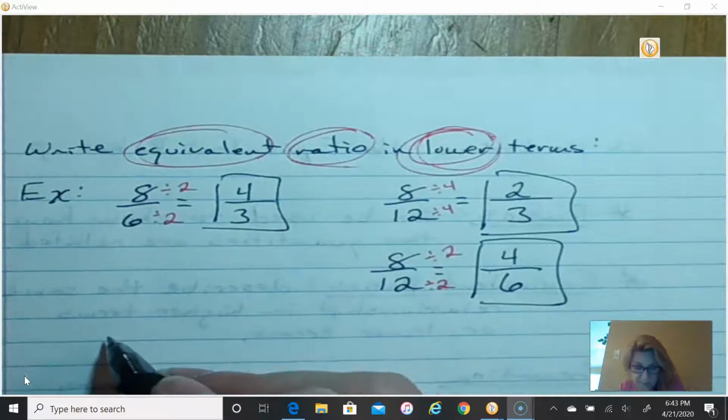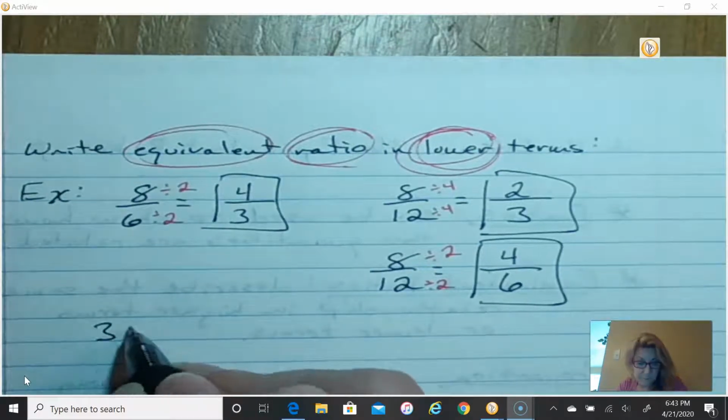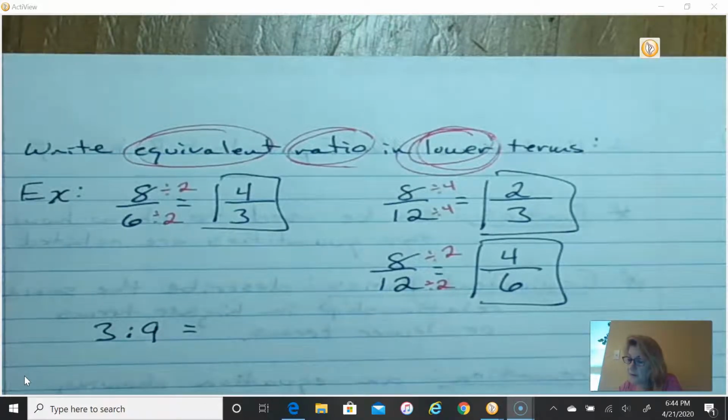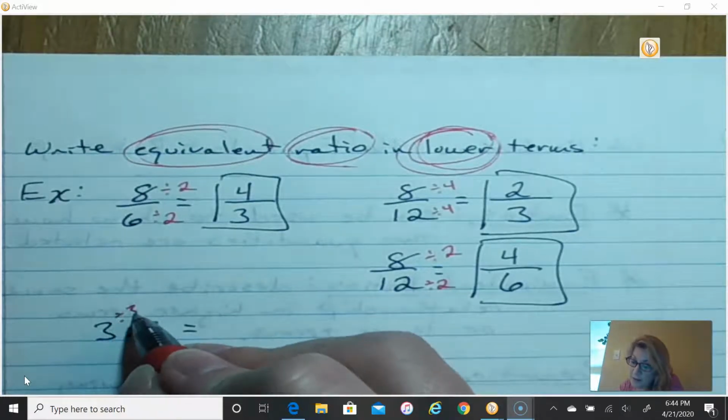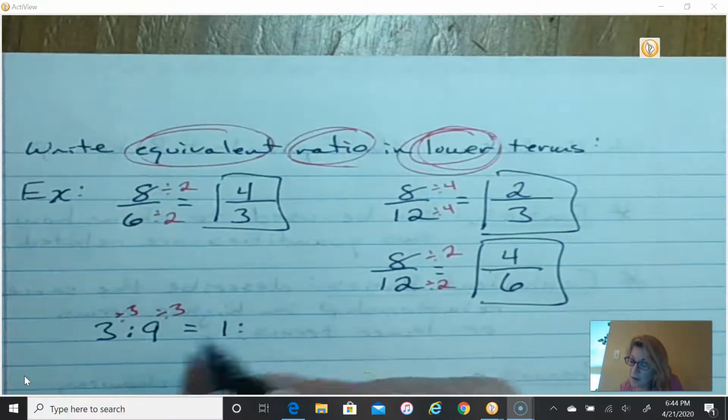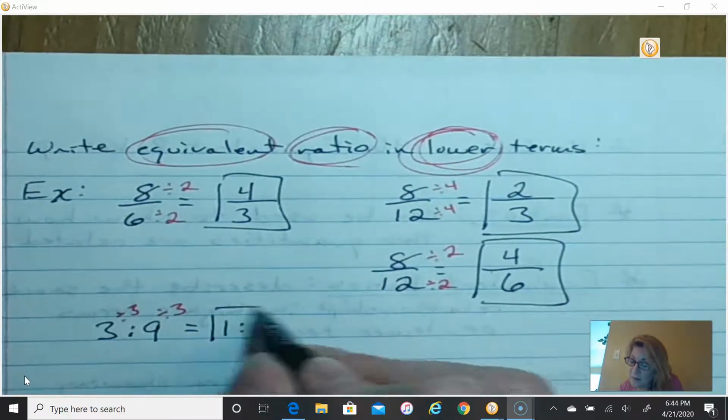Let's do some more. How about 3 to 9? Well, we can divide both numbers by 3. 3 divided by 3 is 1. 9 divided by 3 is 3.